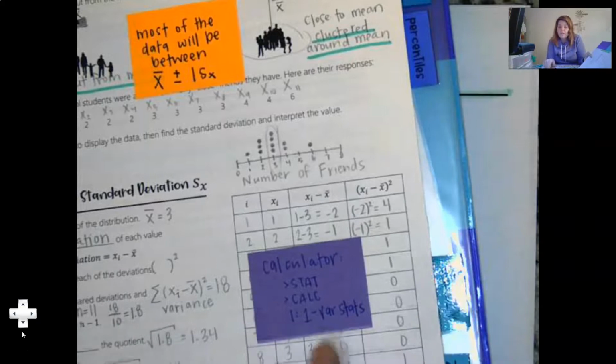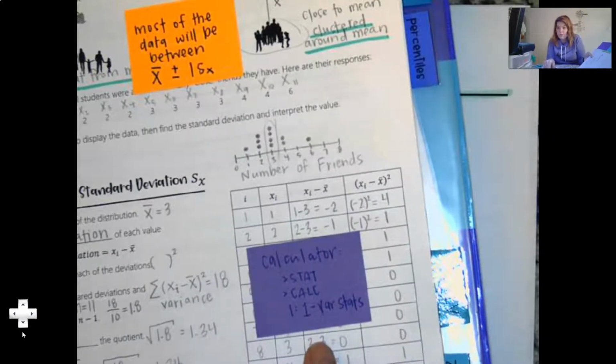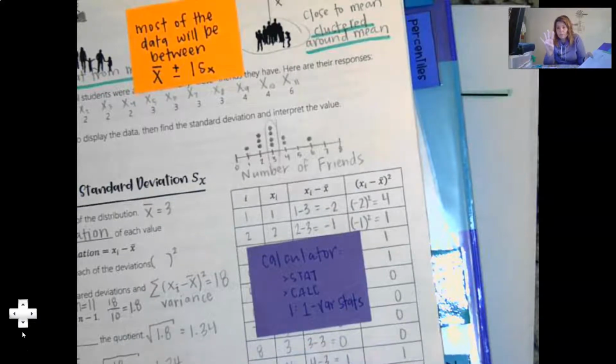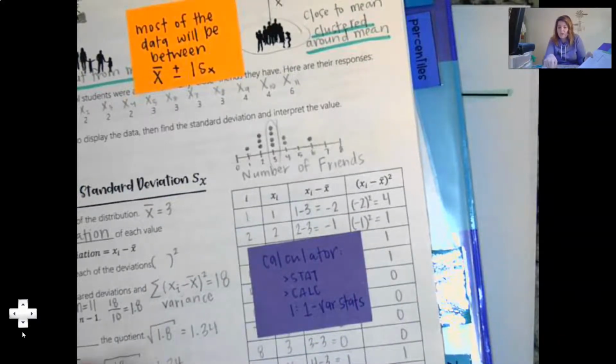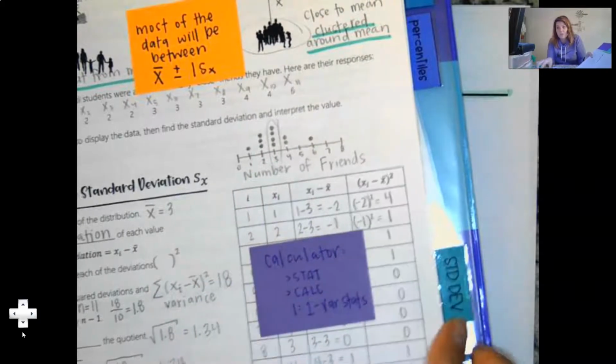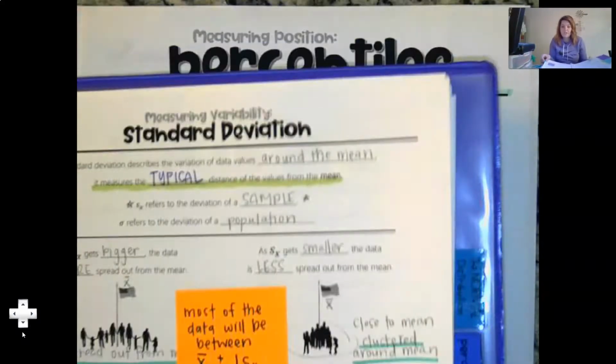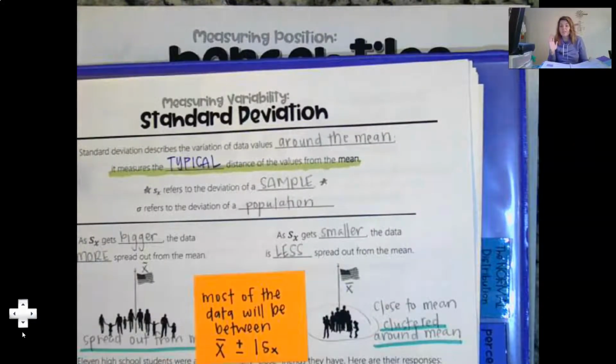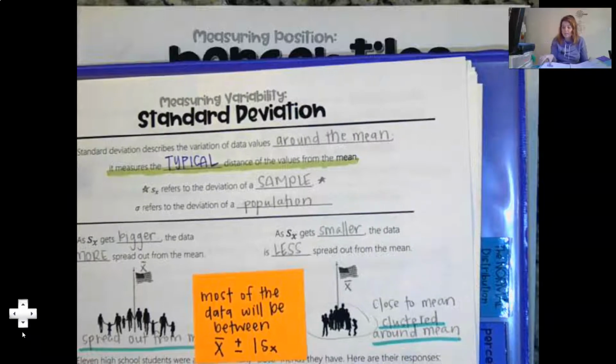You very rarely have to do this. I've never seen you have to do this on a test. You may have to do this for like 4 data values, but you would never have to do it for more than, I would say, 5 or 6. So standard deviation measures spread. It's the typical distance that the observations are from the mean.